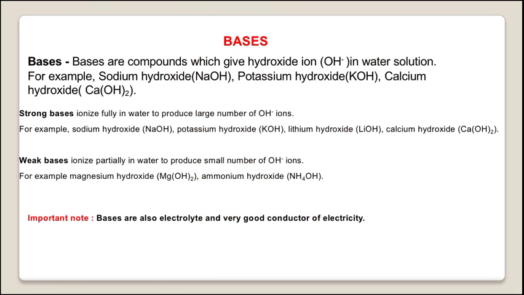When the concentration of hydroxide ion is more in a base, it is known as a concentrated base. If it is less and water concentration is more, then it is called a dilute base.